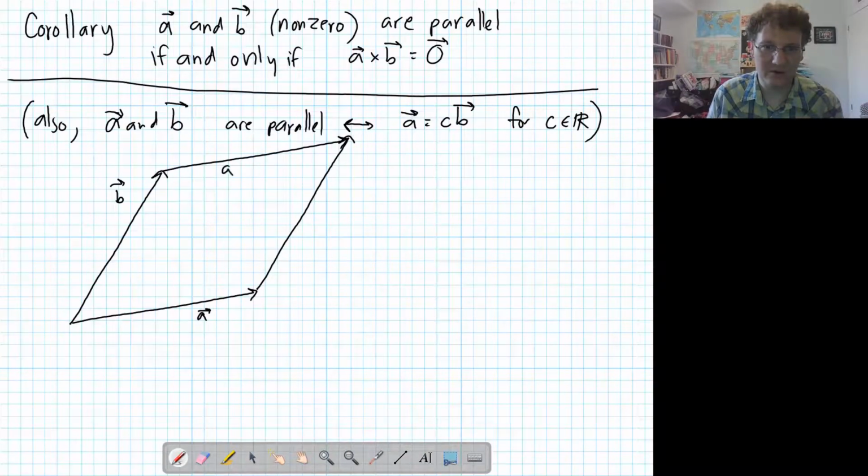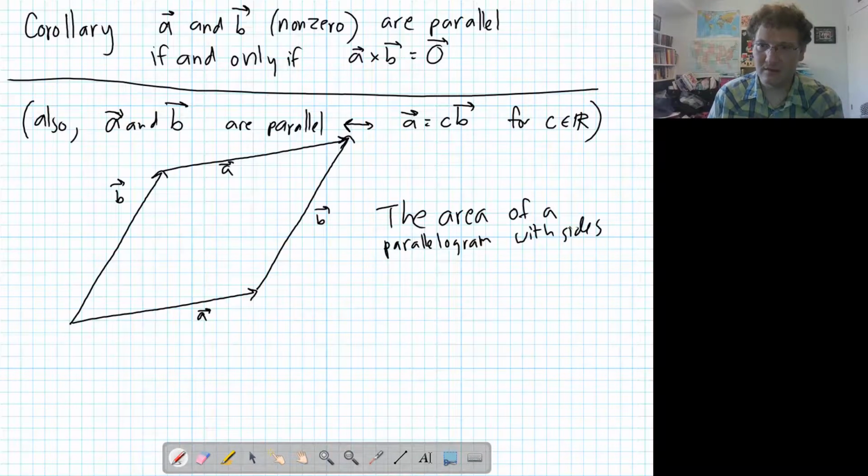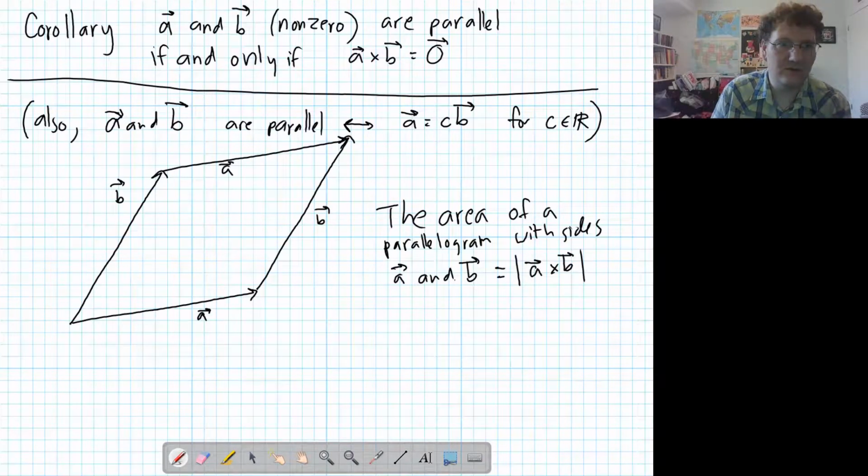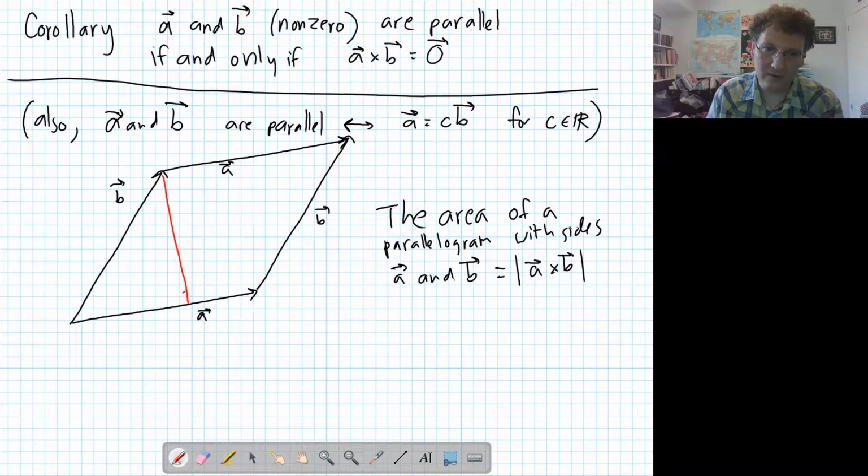So this vector up here is also A, and this is also B. The area of a parallelogram with sides A and B equals the magnitude of the cross product A cross B. You can see that if you work out the formula for a parallelogram's area, it's just base times height.